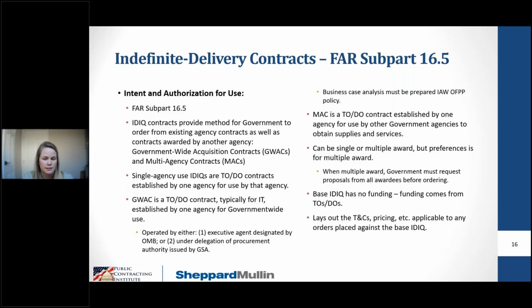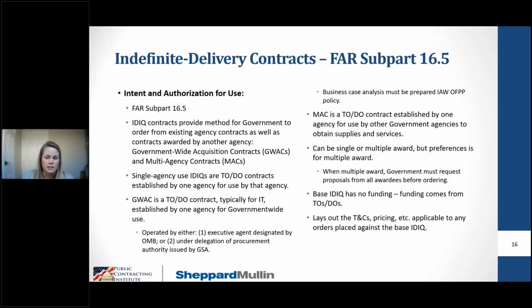There are several ways an IDIQ can be established. An agency can establish its own IDIQ either by providing a single award or multiple awards to several different vendors for the goods or services it needs. There also are some of these government-wide acquisition contracts, or GWACs, which are government-wide IDIQs established by one agency for use by essentially every other government agency, but typically limited to procurements for IT.